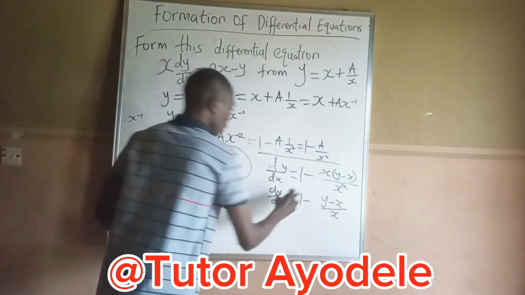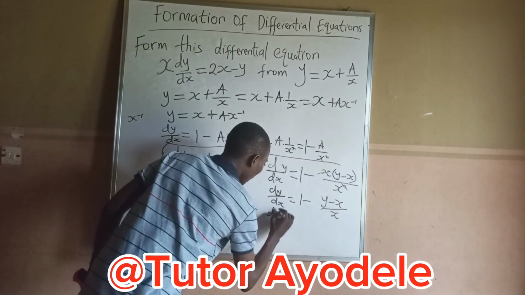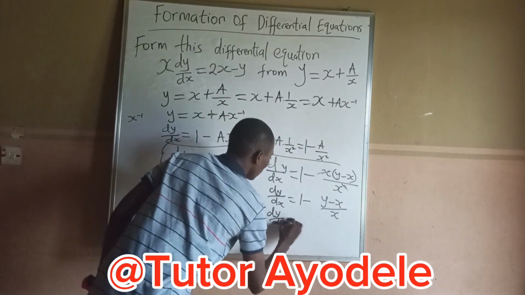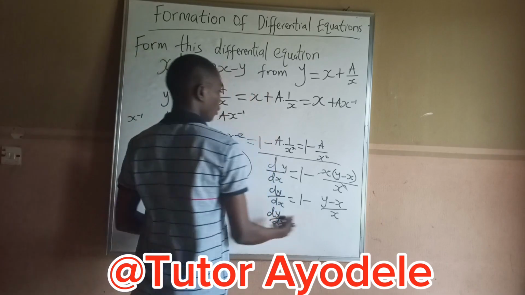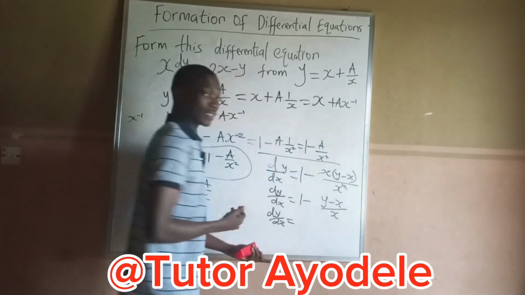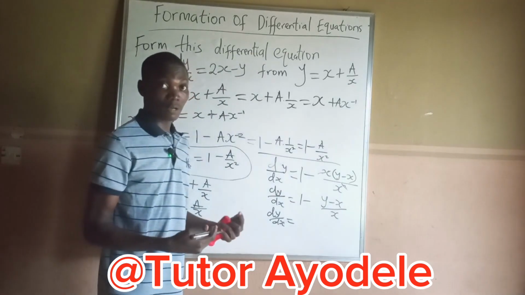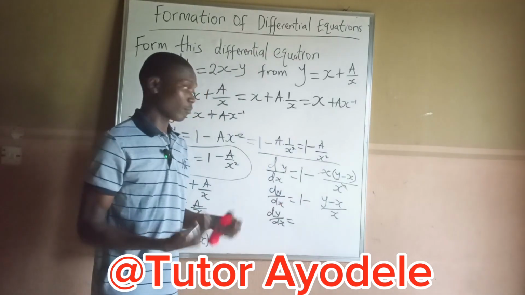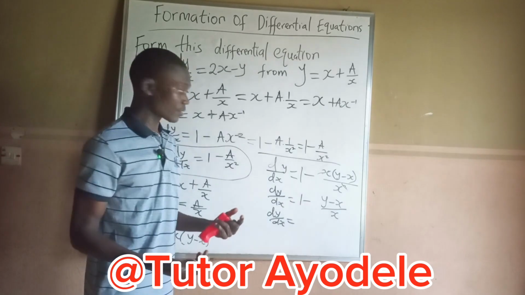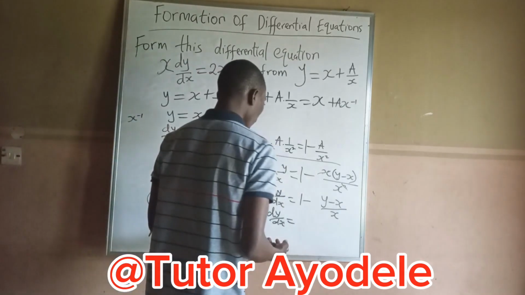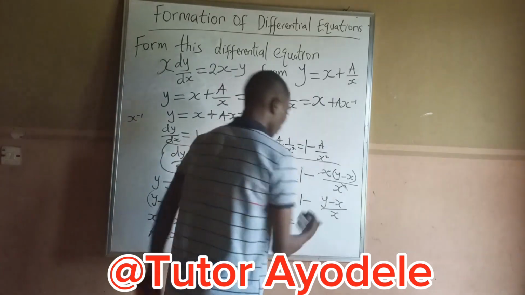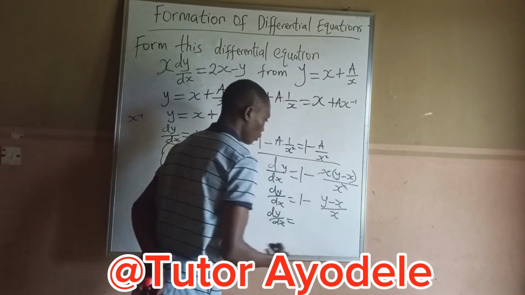Now another thing is the y over the x. I can multiply both sides by x. If you don't want to do it like that, let's do it one after the other.